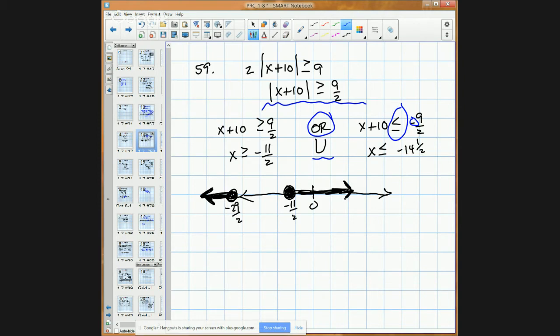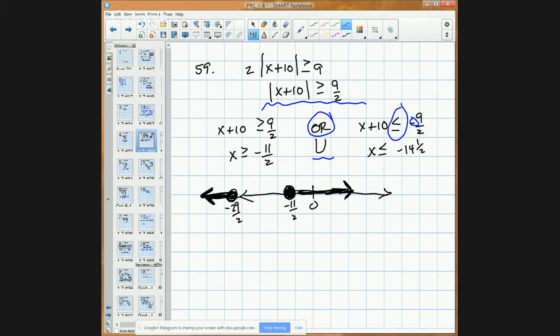So if you subtract 20 halves from 9 halves, you get negative 11 halves. And on the left, same thing. Subtract 20 halves, but this time you've got negative 9 halves minus another 20 halves, which is negative 29 halves, or negative 14 and a half.